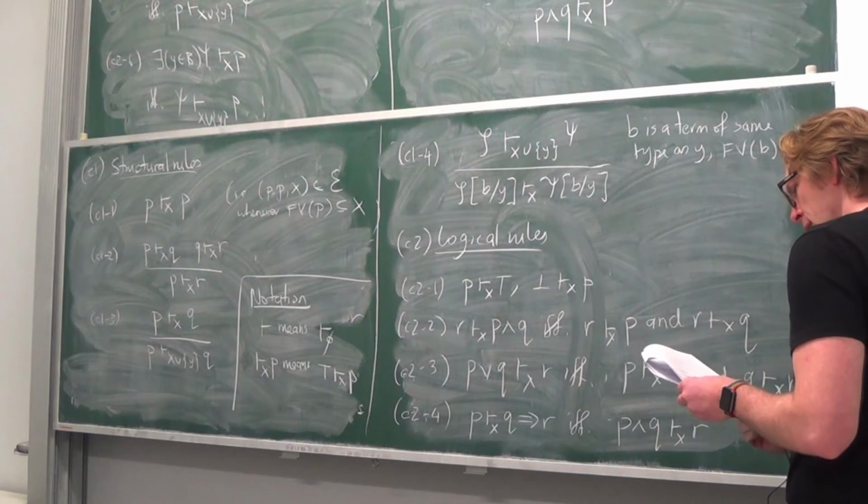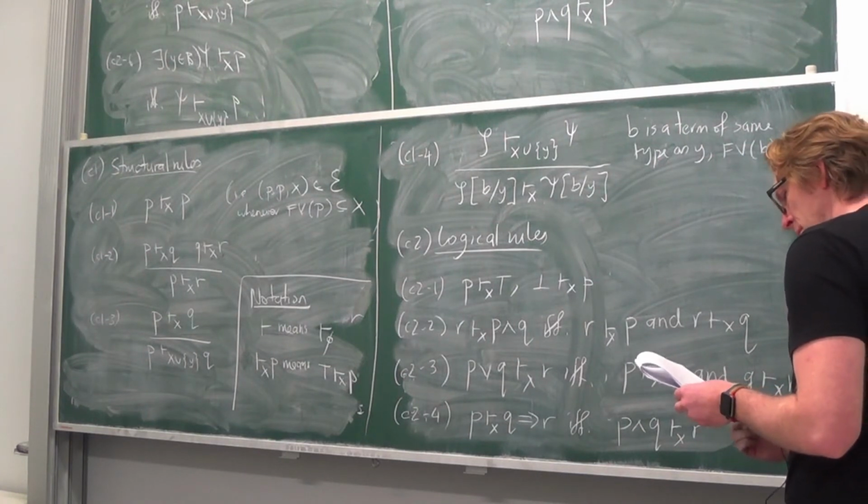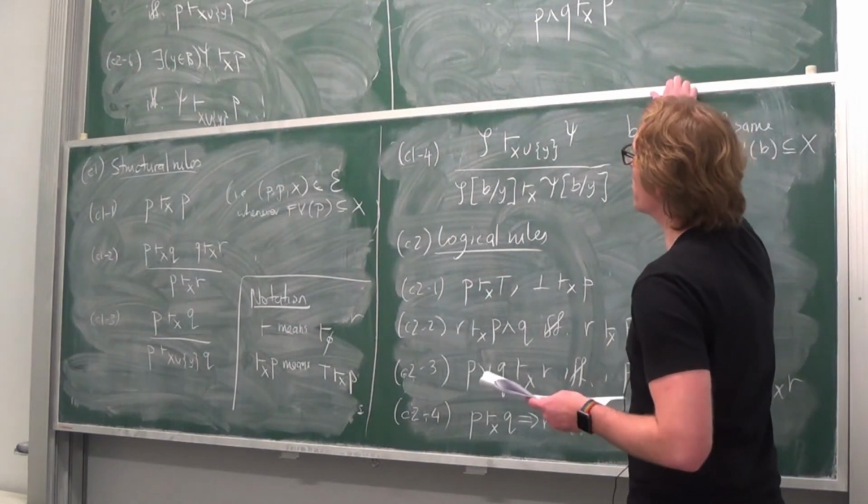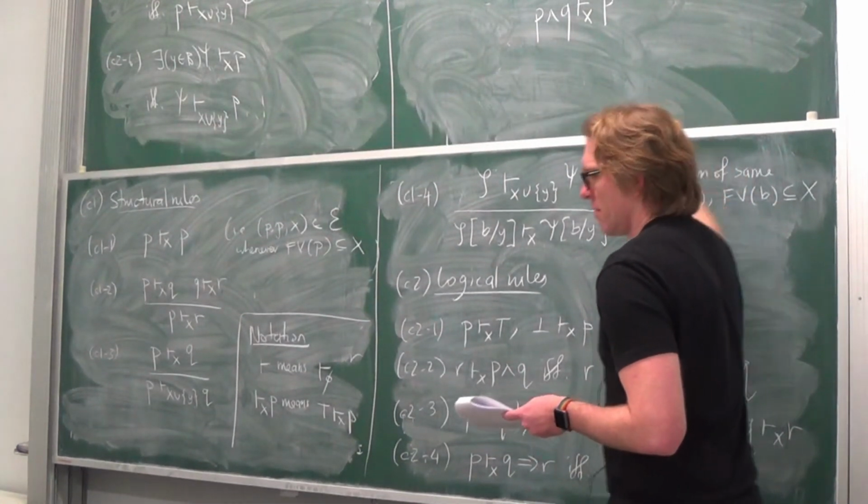Okay, so that's the second class of assumptions about entailment. And then the third is what Lambek and Scott call the extralogical axioms.